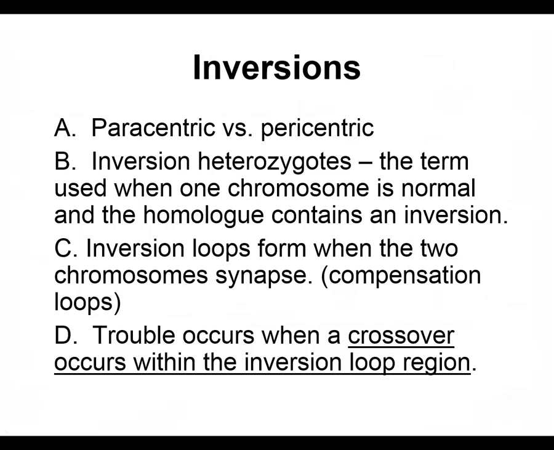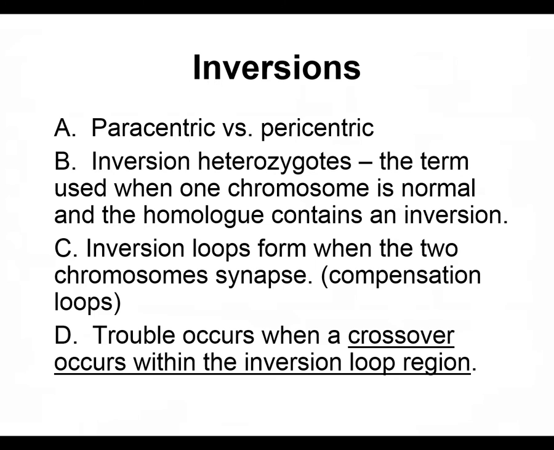All right, so there are two categories of inversion. One's called paracentric and the other's called pericentric. These are just classifications. A paracentric inversion occurs when the two breakpoints are on the same chromosomal arm, like two breakpoints on the short arm or two on the long arm, so the piece that flips around and reattaches does not involve the centromere.